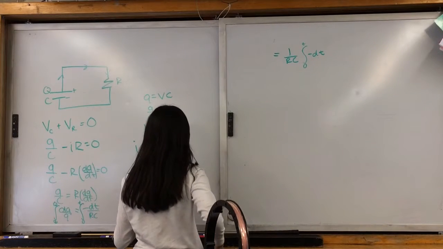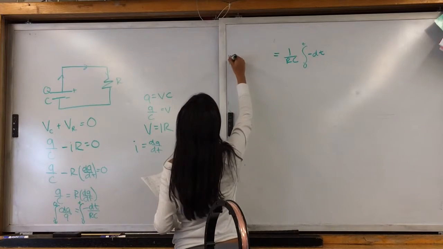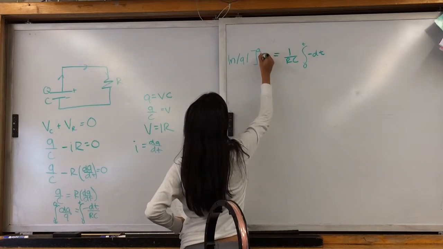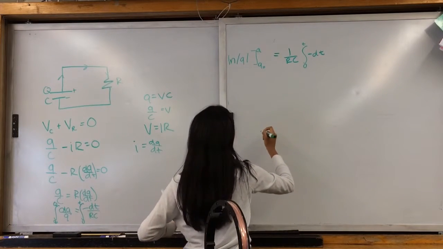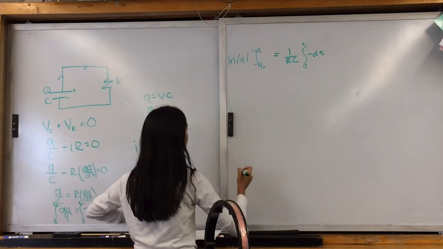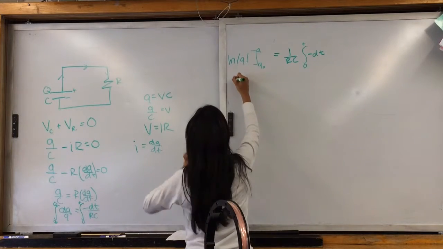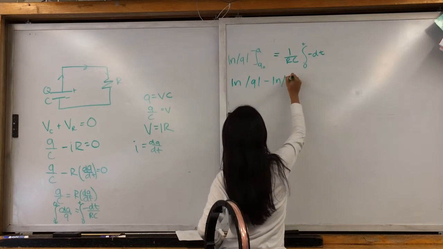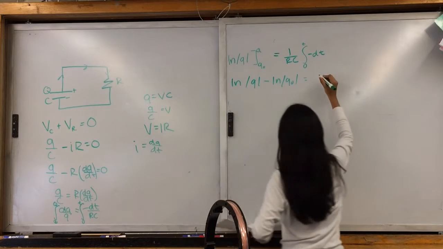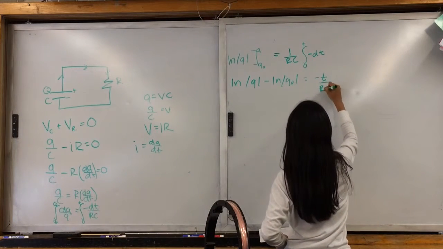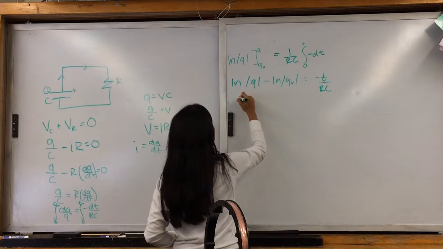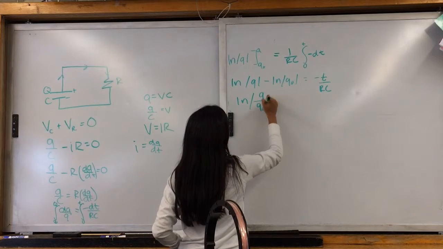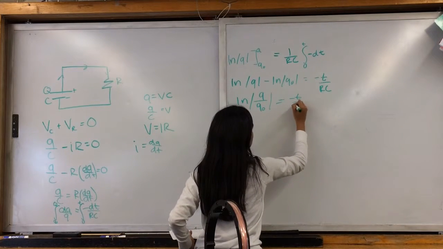And on the left-hand side, when you integrate that, you'll get ln of Q from Q initial to Q. And so you're going to get ln of Q minus ln of Q initial equals negative t over RC. And you can simplify this to ln of Q over Q initial equals negative t over RC.